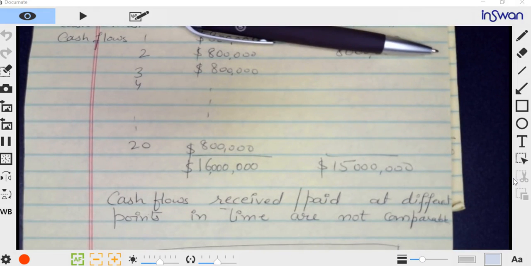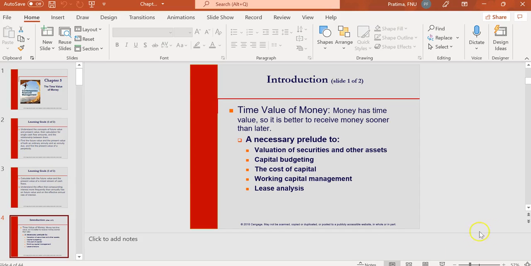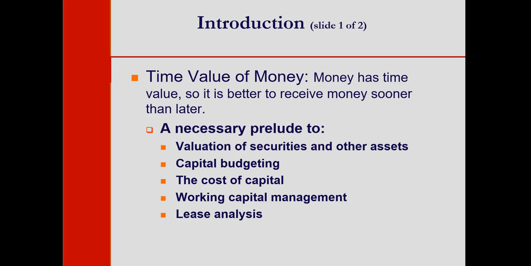Whatever we do, we want to compare the cash flows and make a decision, and that comparison is possible only if they are brought to the same point in time. This concept is required if you want to value securities or any other asset. You cannot get away from it.